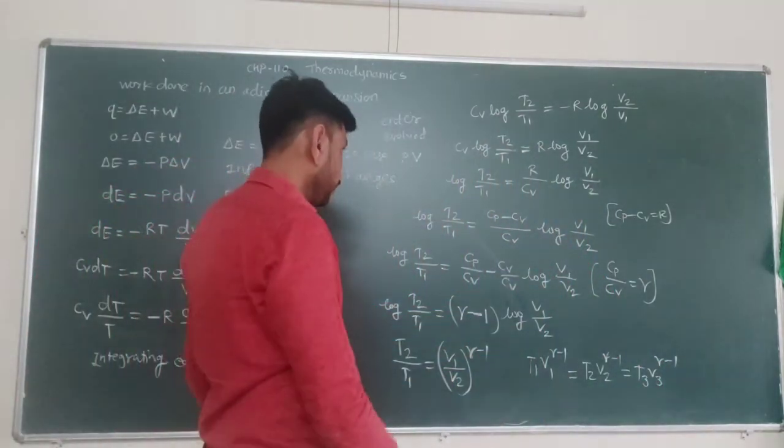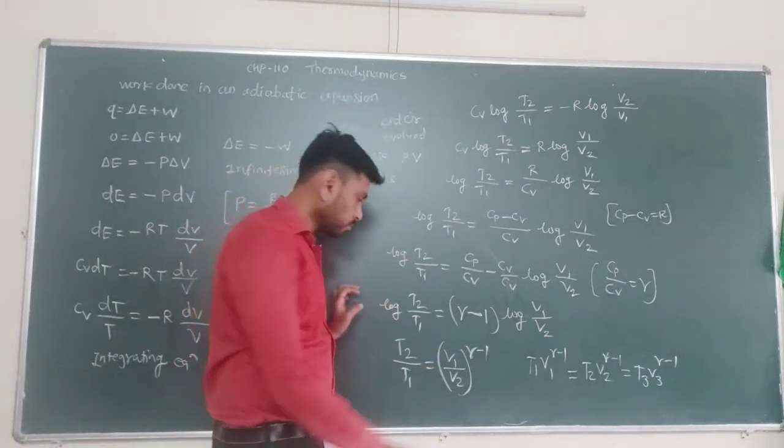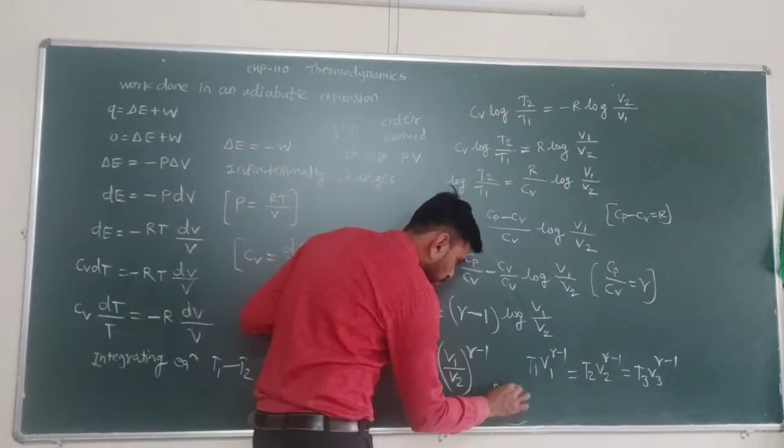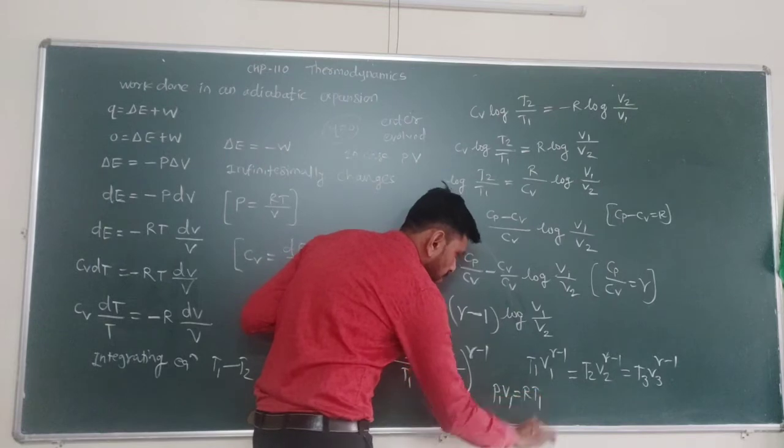From the ideal gas equation, P1 V1 equal to R T1.